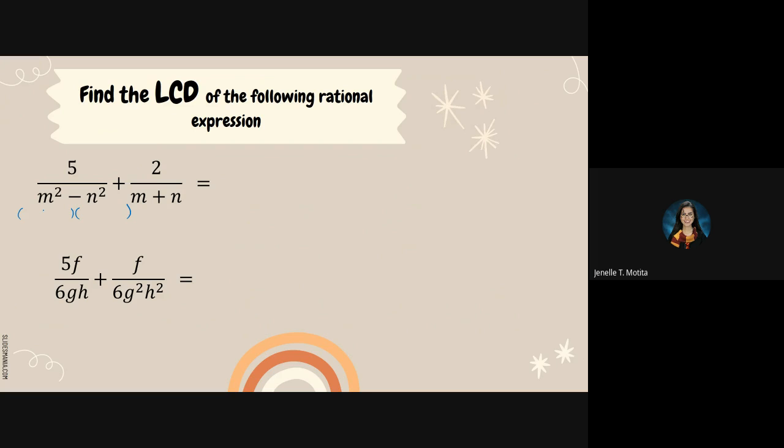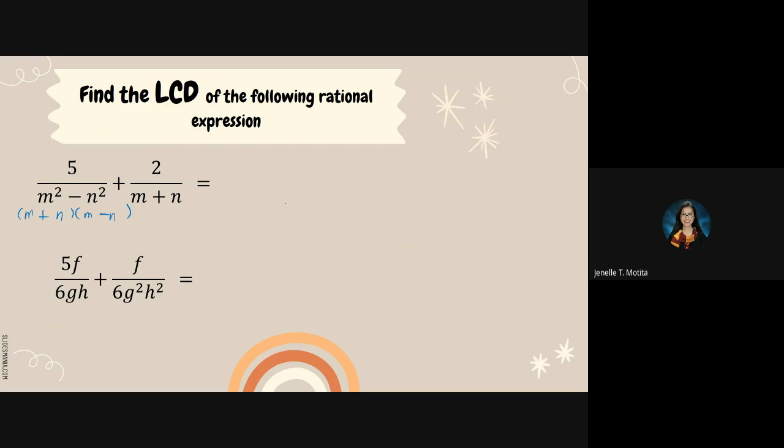One binomial is positive, the other one is negative, plus minus. Then get the square root of m squared, you will have m. Put it as the first term of your binomials. Then the square root of n squared is n. So this is the factored form of m squared minus n squared.